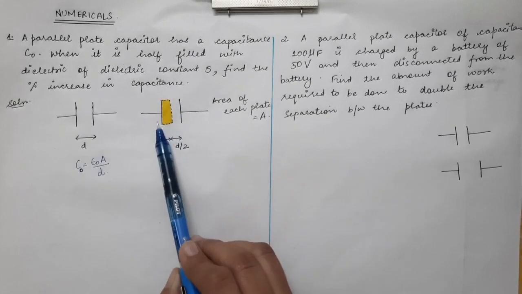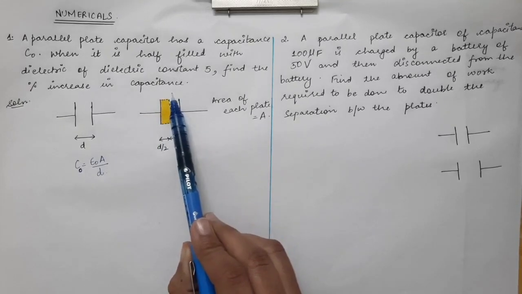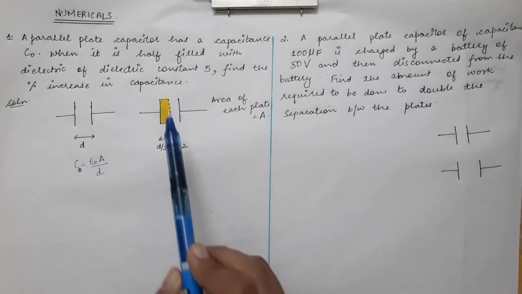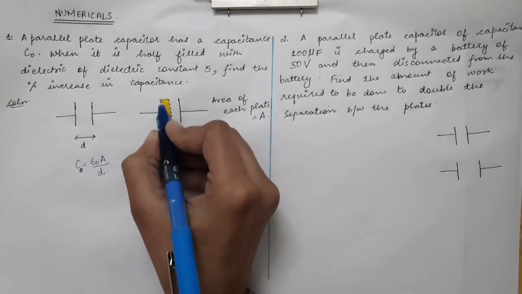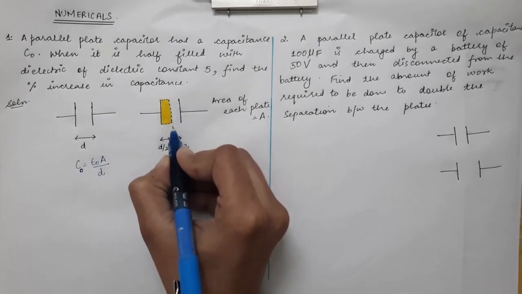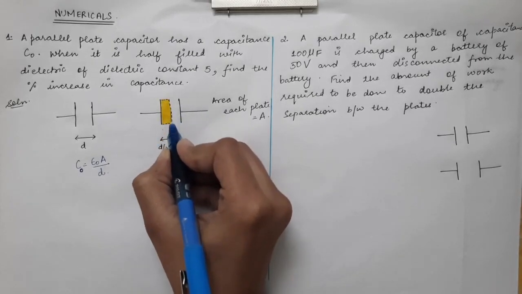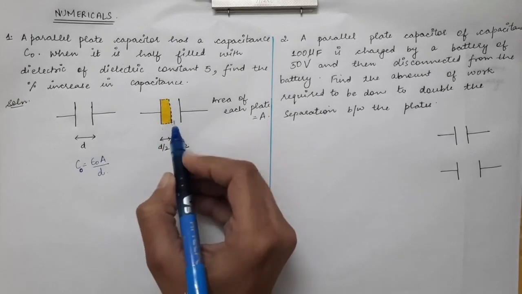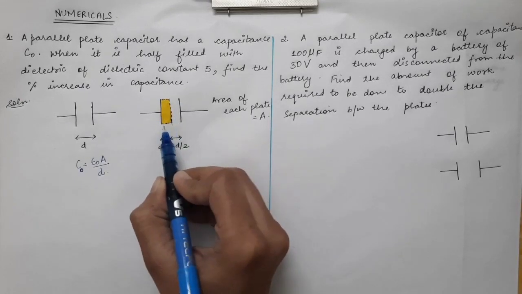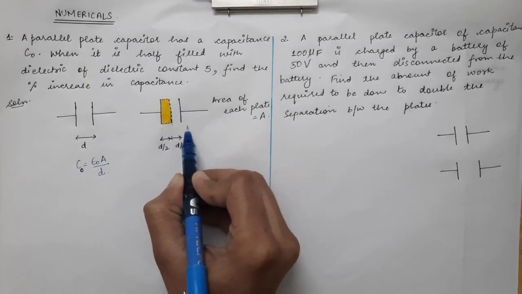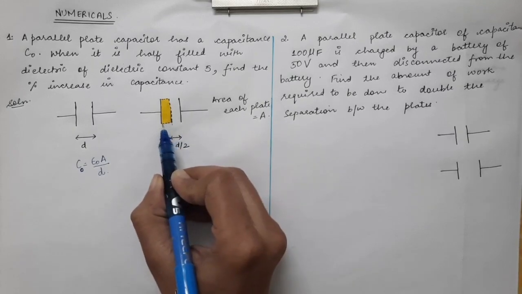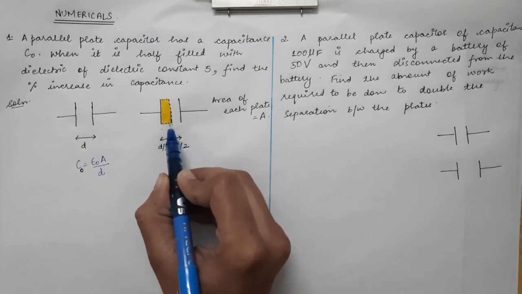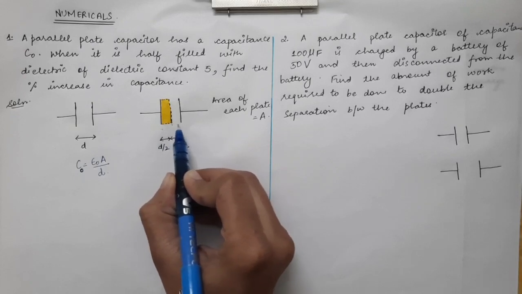One capacitor is just in this region, and the second capacitor is this one. We can consider this whole one capacitor as made up of two capacitors, one which is filled with the dielectric, and another which is completely empty.